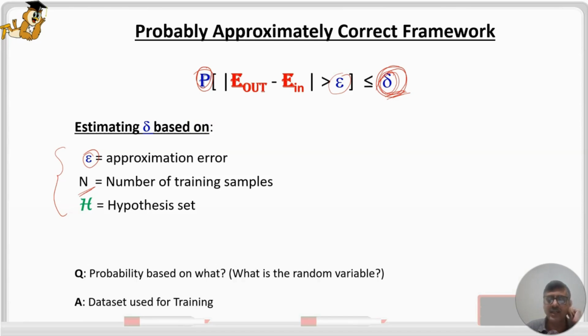The training data that you have been given could be selected in numerous ways, in infinite ways, and that is the random variable that gives rise to this probability. That is why we have a probability here. There is a certain dependency on the actual data set that you use for training, right?